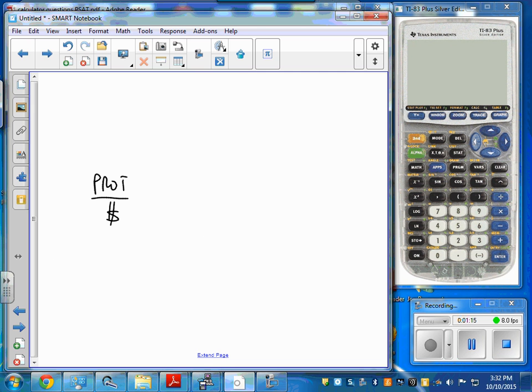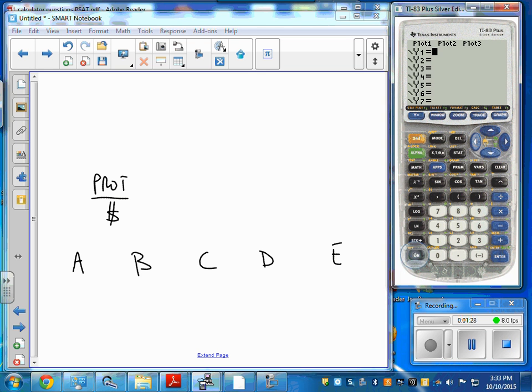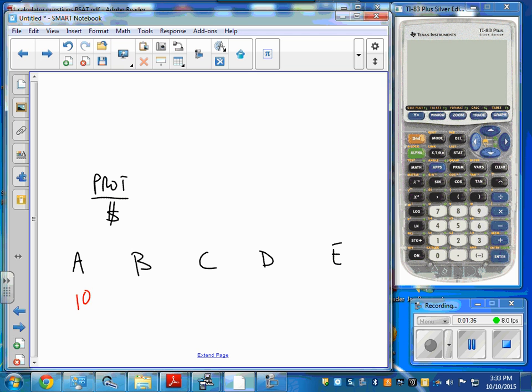Because we want protein per dollar, we're just going to go down the line and calculate these and see which one gives us the best deal for the money. We do have our calculator handy. For the first one, A, we have 10%, and we're dividing that by the cost, which is $2.